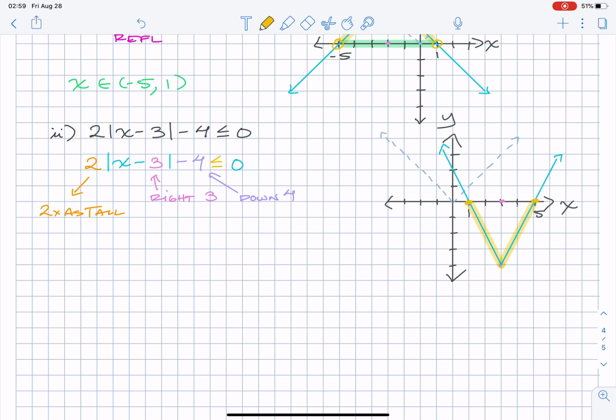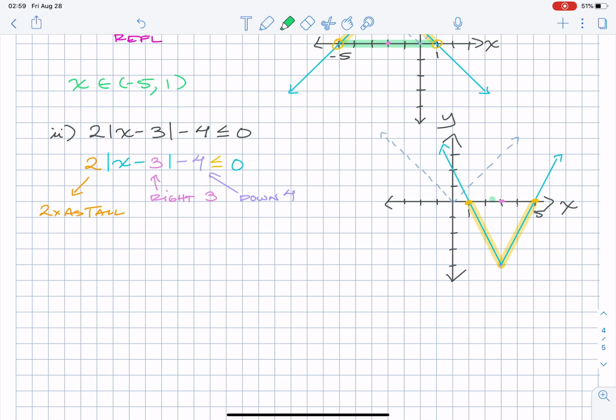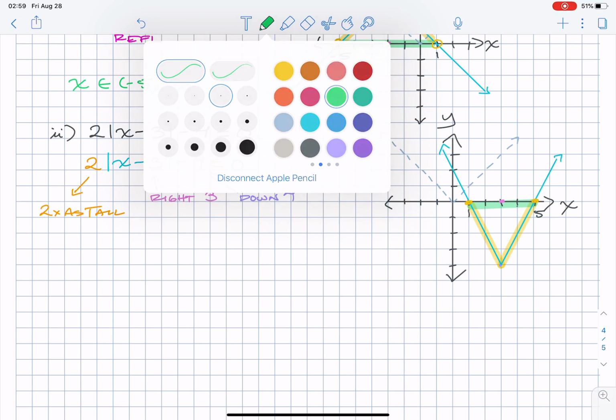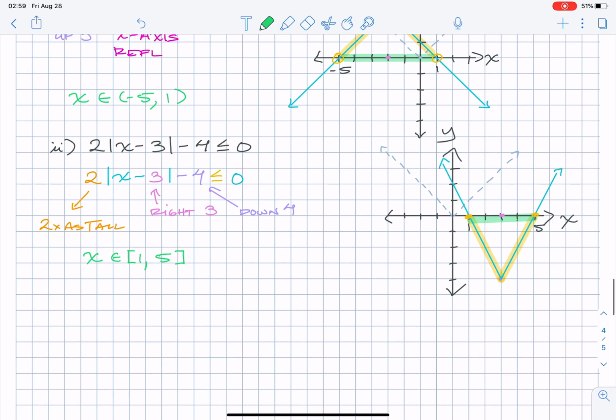And those values for x include the points 1 and 5, but do not include the points beyond it on either side. So it'll be 1 to 5 and nothing beyond it, and that does work with the less than.